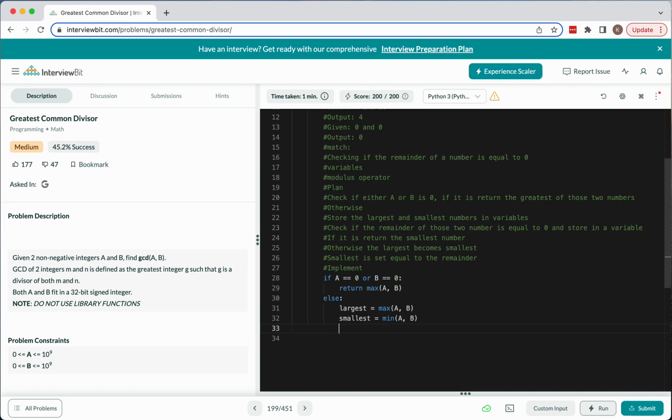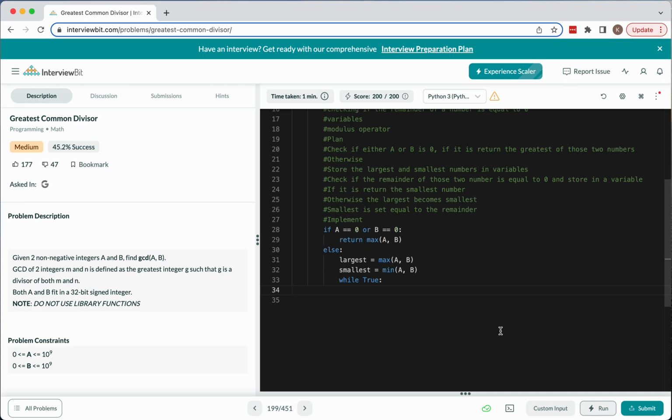Then we use a loop, so while true, an infinite loop, and then we want another variable that stores the remainder of the largest divided by the smallest. Then if remainder is equal to 0, we return the smallest.